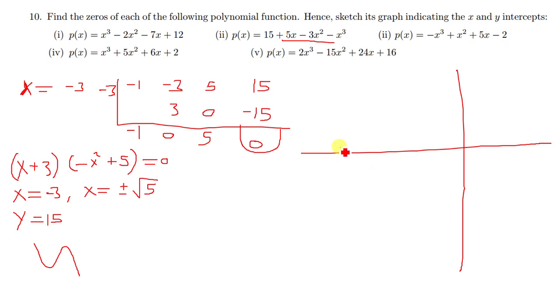We are going to have your negative 3 there, and then you have negative root 5, and then you have your root of 5 there. Then you write your 0 there. Then from there, you can sketch. You're going to have something like that.